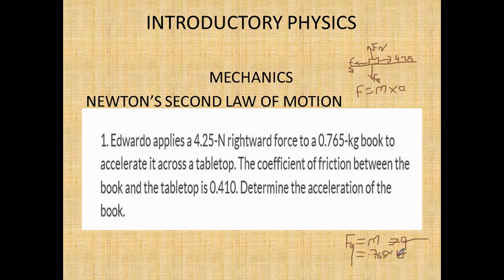So the force due to gravity would be 7.65. Your normal force is going to be the same thing as the force due to gravity, so this is going to be 7.65.